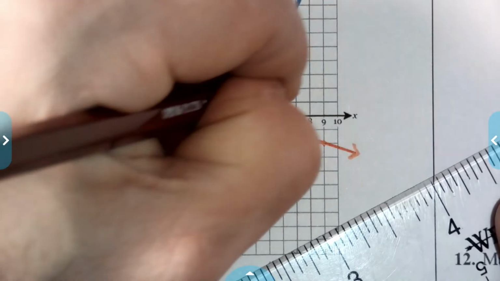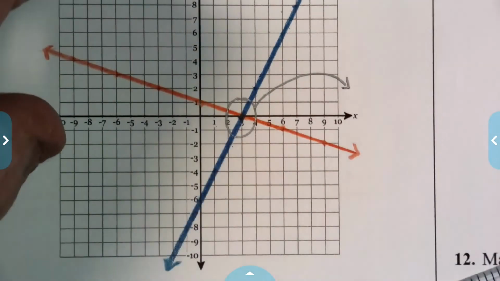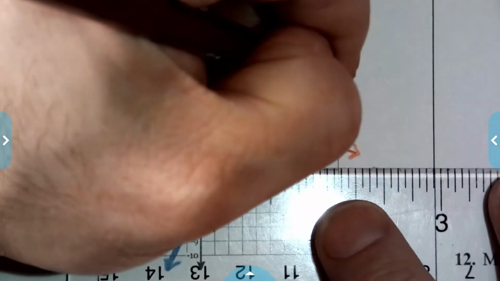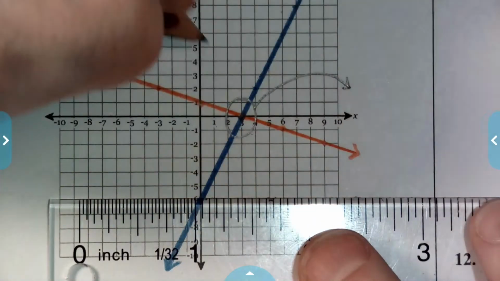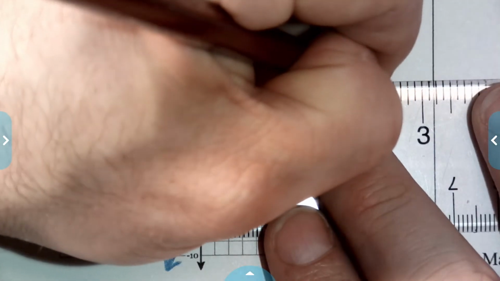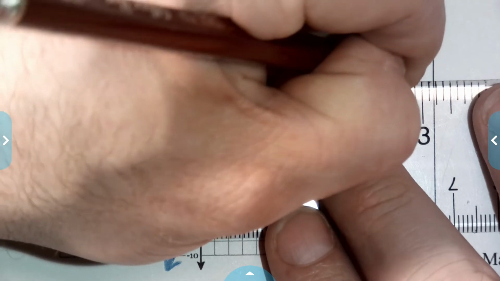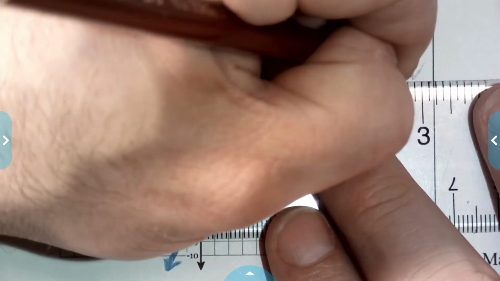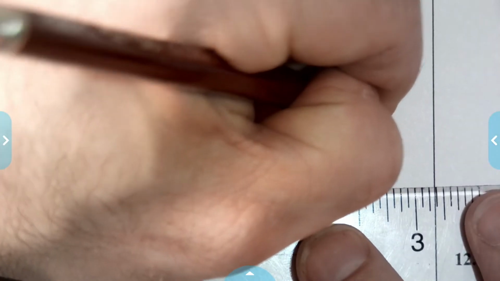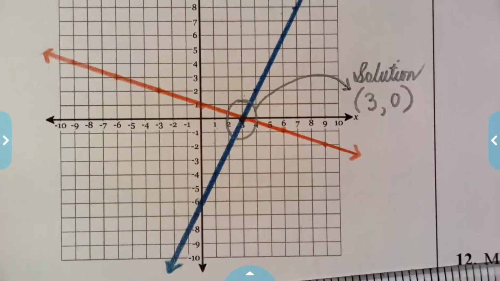We can put a little arrow here and say that the solution is 3, 0. Okay, so the solution is 3 on the x, 0 on the y.